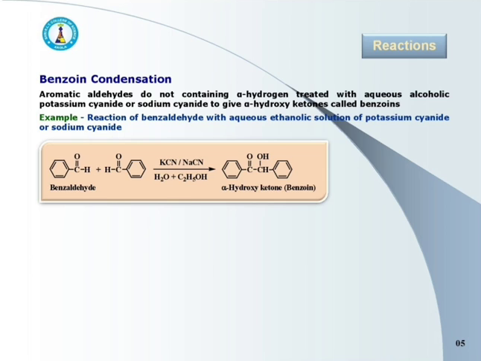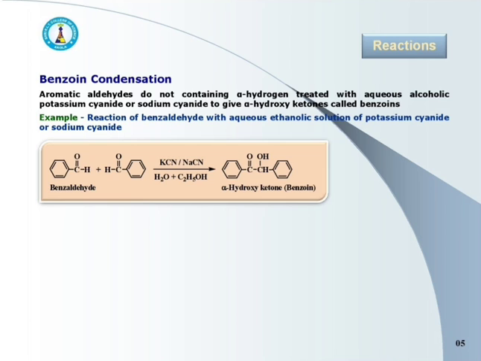During the reaction, KCN, that is potassium cyanide, dissociates into K positive and CN negative ions, and if we use NaCN, then it dissociates into Na positive and CN negative.